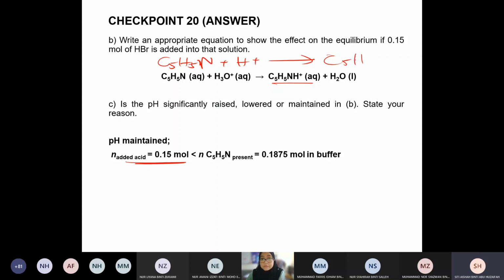C5H5N H plus. You kena dapat ini confirm lah. You dapat macam ni ke ataupun you ada tiba-tiba ada dua produk pula? Dapat this one only? Dapat tu je. Kalau tu kita boleh consider lah. Okay, kita boleh consider.